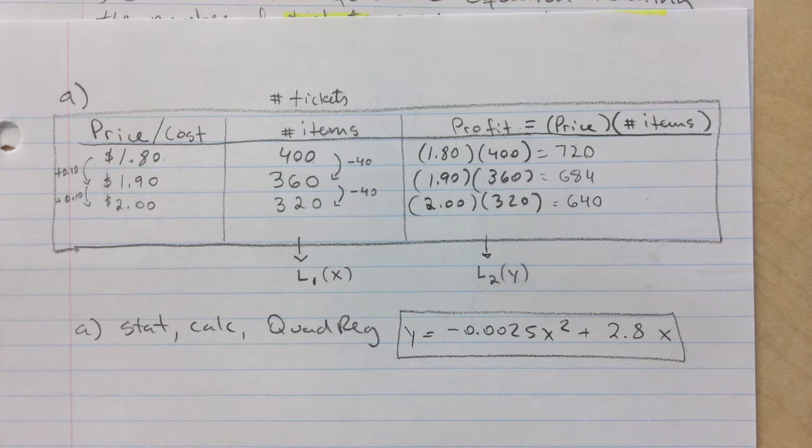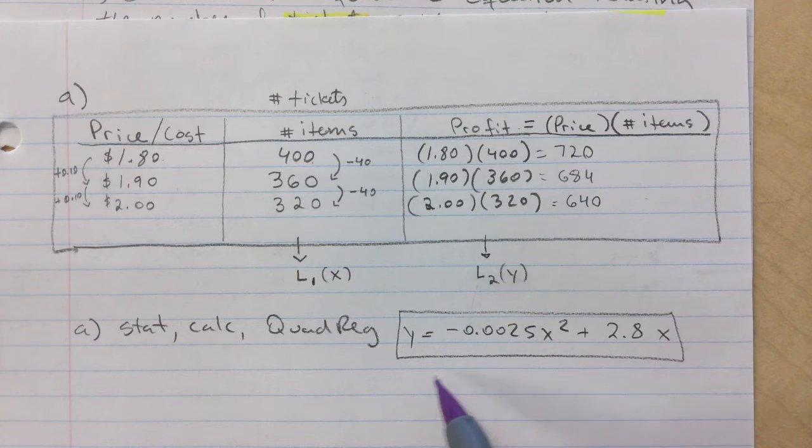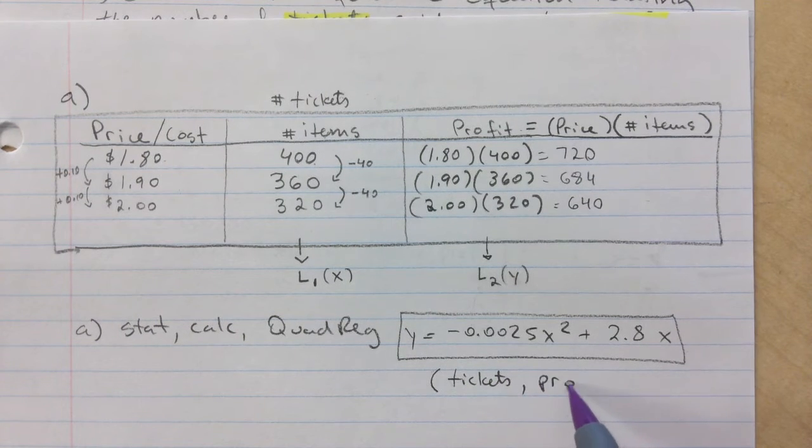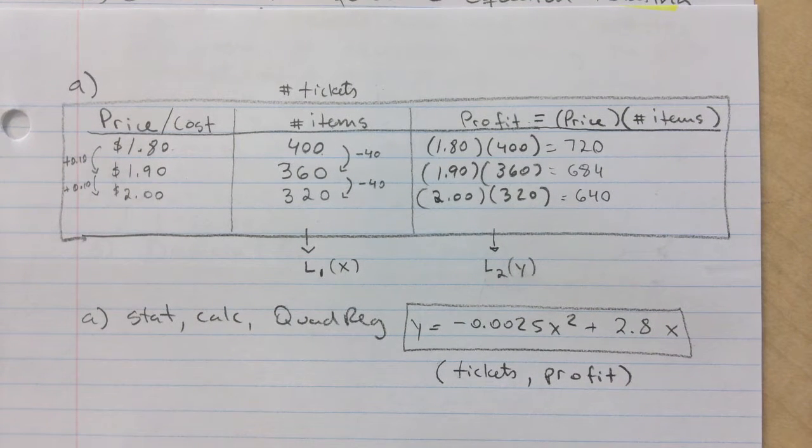So you start with 0 and then it keeps going up. Just so you know, every single point here is tickets and profit under this quadratic equation.